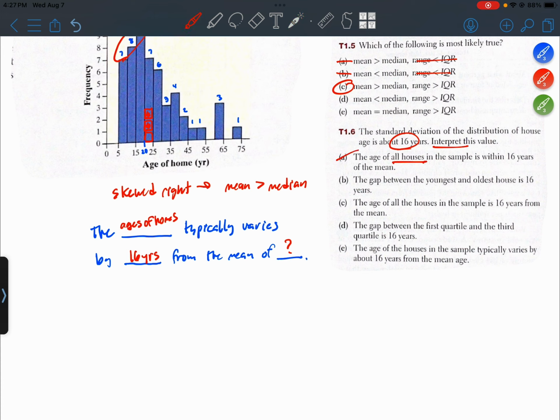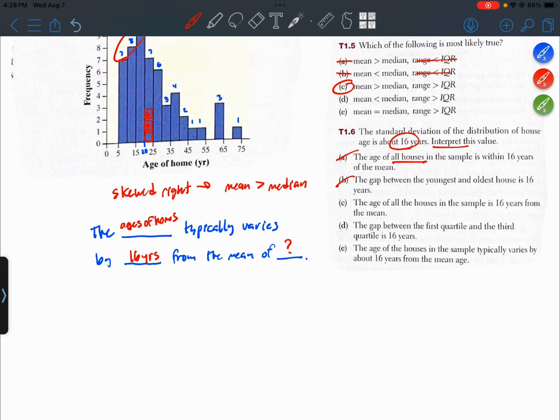So I'm going to eliminate A. B, the gap between the youngest and oldest house is 16 years. No, that sounds more like a description of the range, when you're looking at the gap between the highest and the lowest value. C, the age of all houses in the sample is 16 years from the mean.